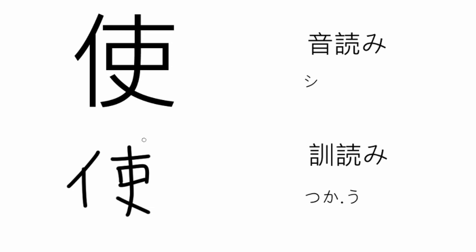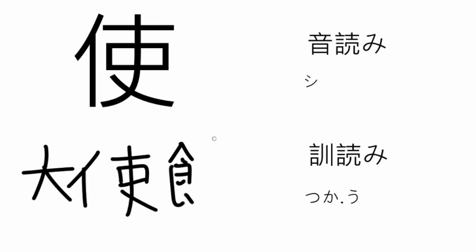There's a whole bunch of stuff we can draw with this. Tsukaikata, way of using. We got, oops. We got, oh, you can do taishi, ambassador, or taishikan, embassy, which is cool.